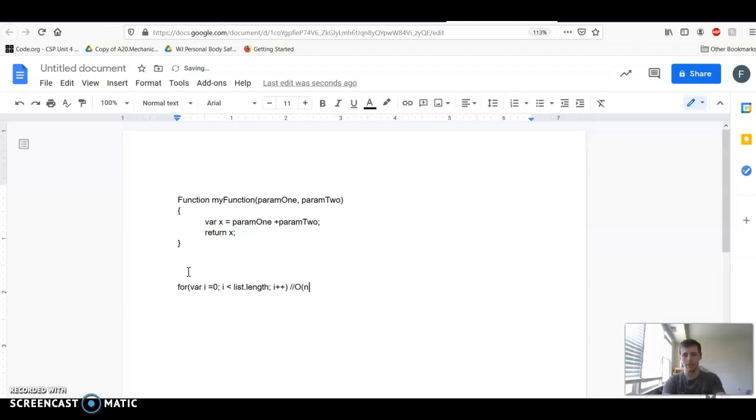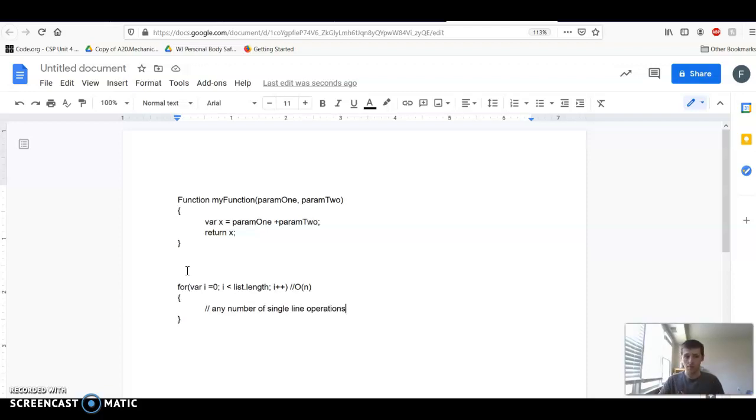This is Big O of n. Why? Well, this particular loop is going to run n times. So whatever is inside here, any number of single line operations, ultimately this is going to be Big O of n.